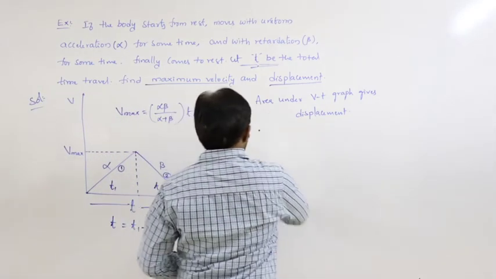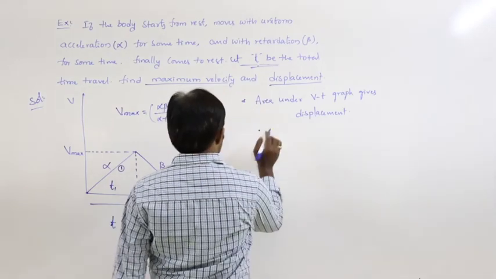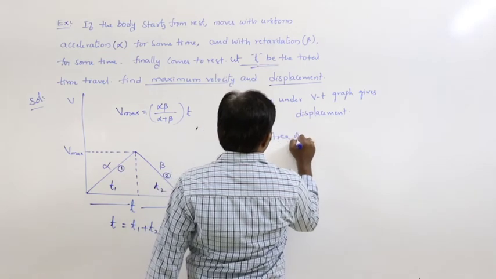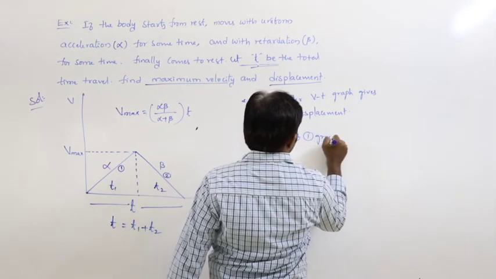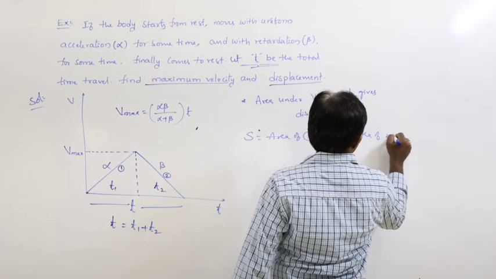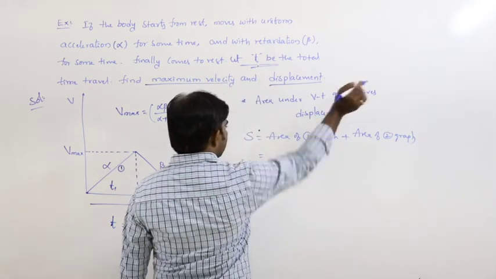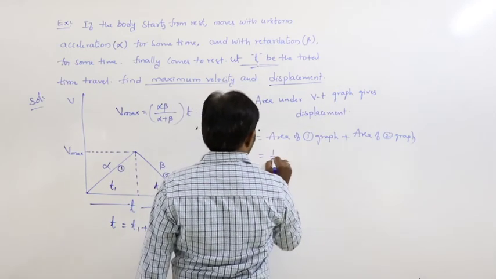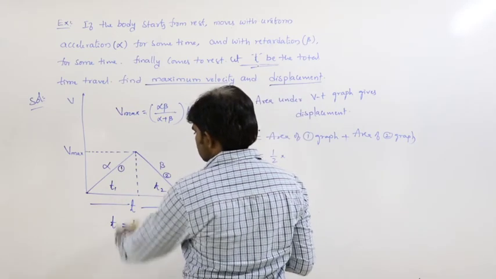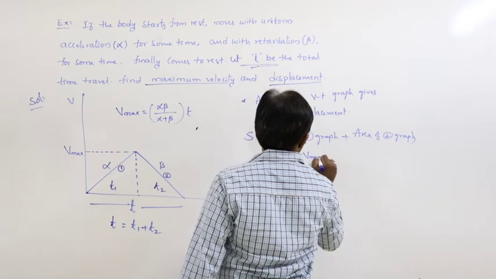Now, in this situation, there are two graphs. Displacement is equal to the area of the first graph plus the area of the second graph. What is the area of the first graph? Half into base into height. The base is t1 and the height is Vmax.